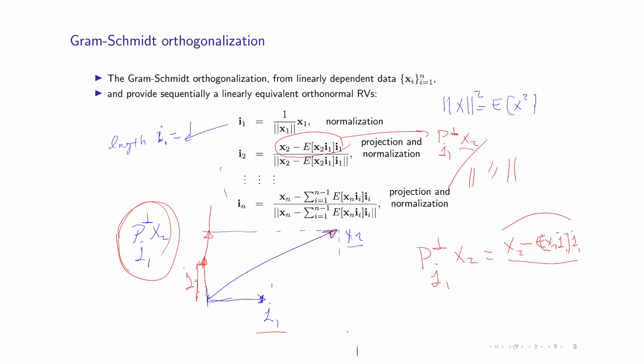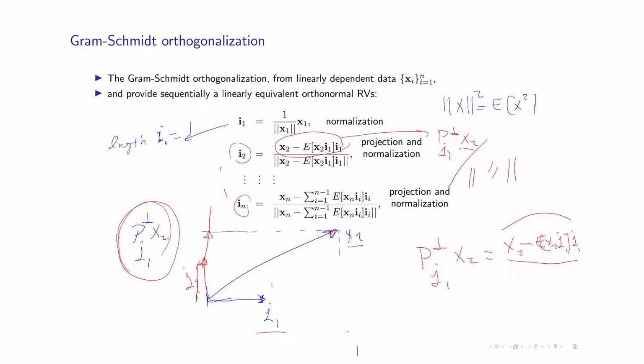So to find I2, I need two steps: orthogonal projection and normalization. And if one of these vectors becomes 0, I skip it and go to the next one. So iteratively, I could find In and so on.